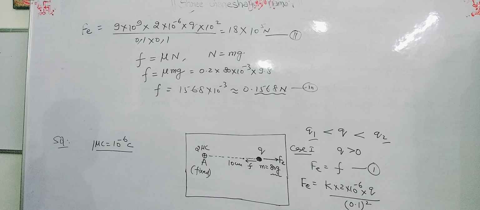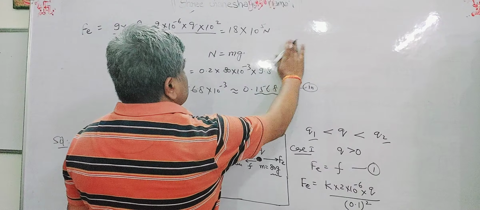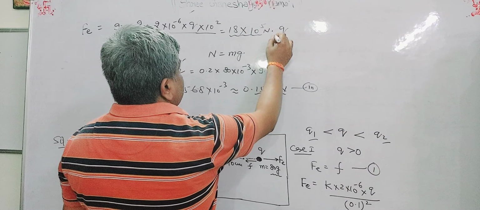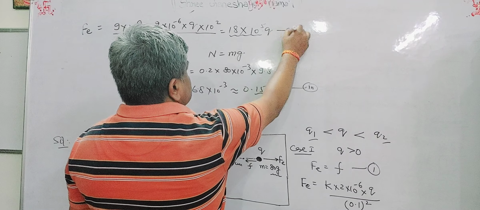Now we have calculated. Okay, here Q is also there, 18 into 10 to the power 5 multiplied by Q. Here, this is first.